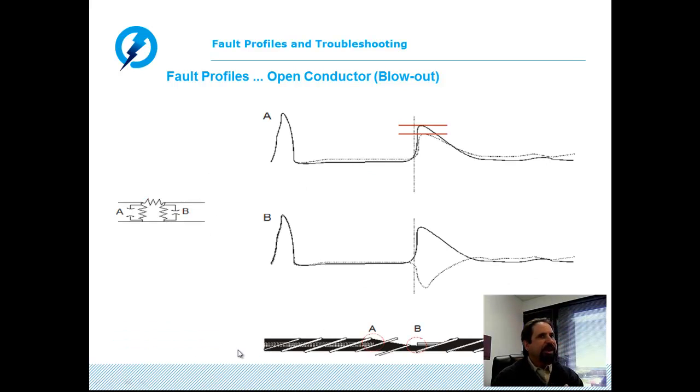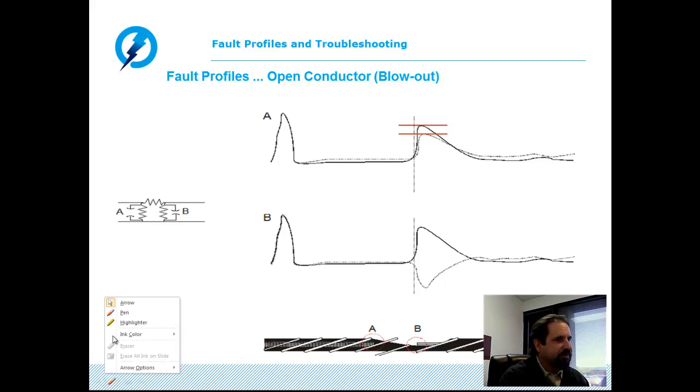Now, if we are looking at the blowout fault using the time domain reflectometer and the arc reflection and pulse echo techniques, what we may see, if we're connected onto the source side of the circuit, as I show over here in A, is that the low voltage waveform would clearly show us the open circuit.